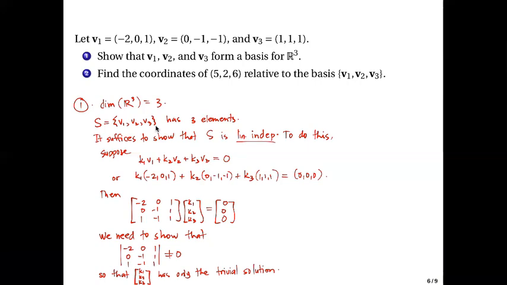Okay? So that means S is linearly independent.